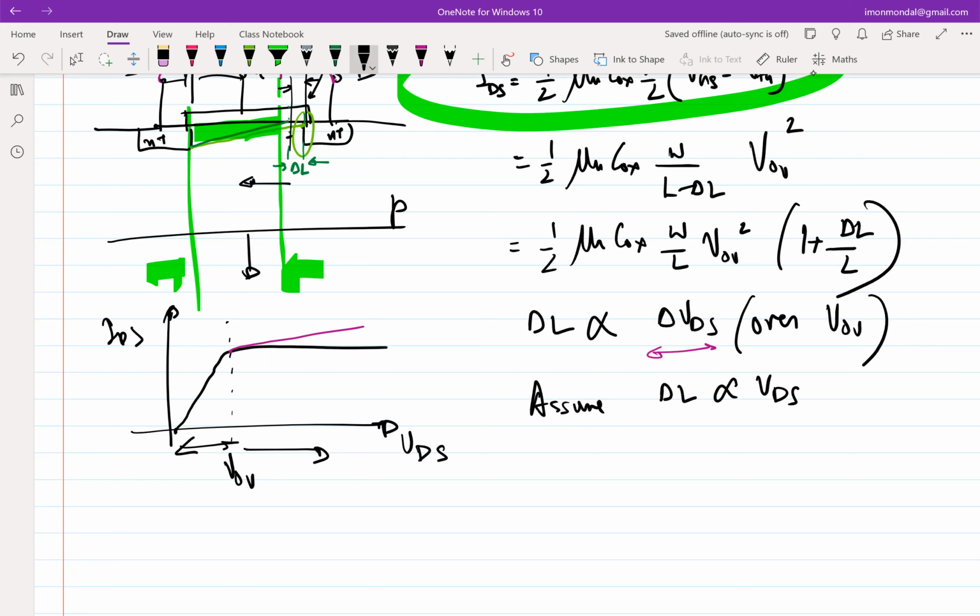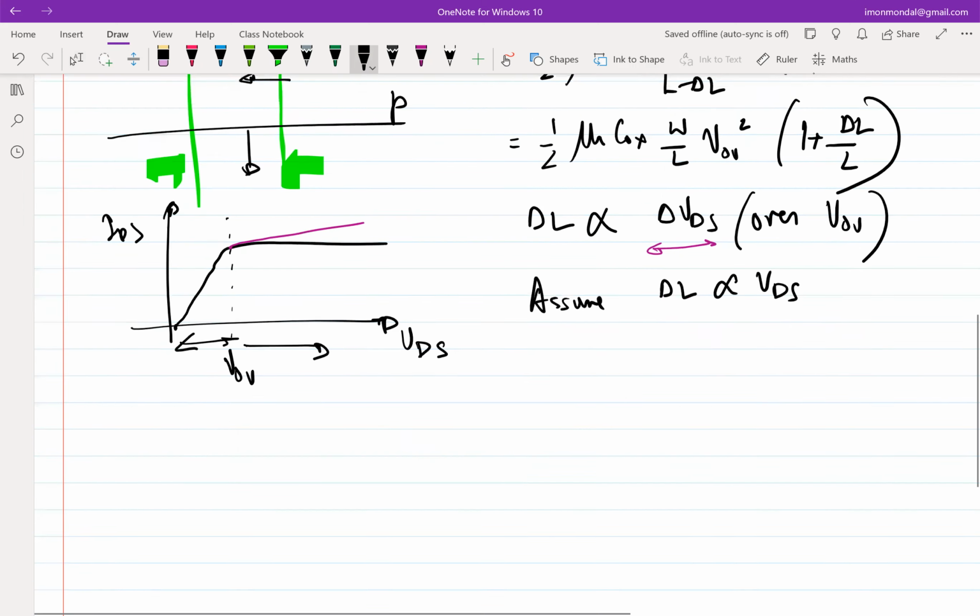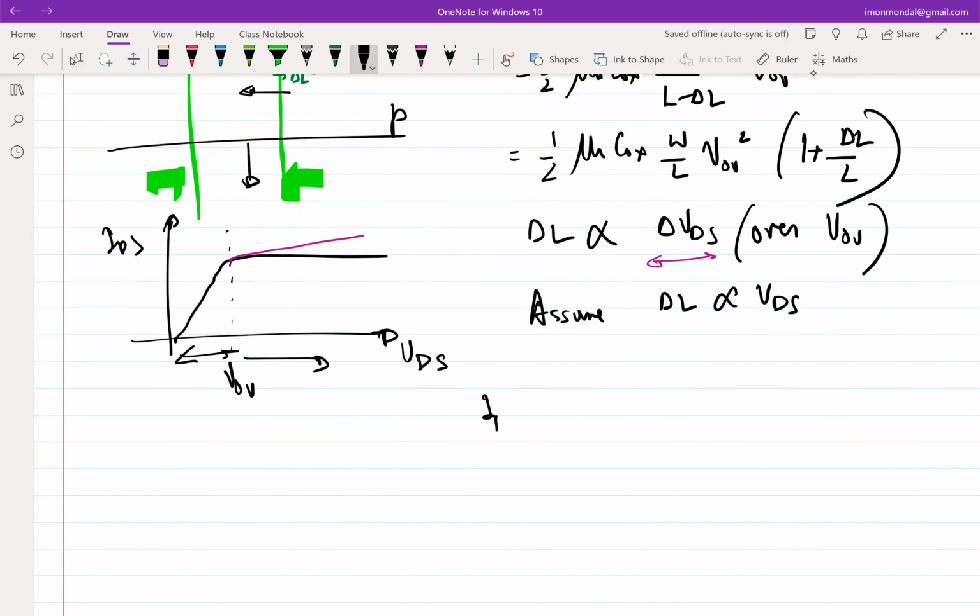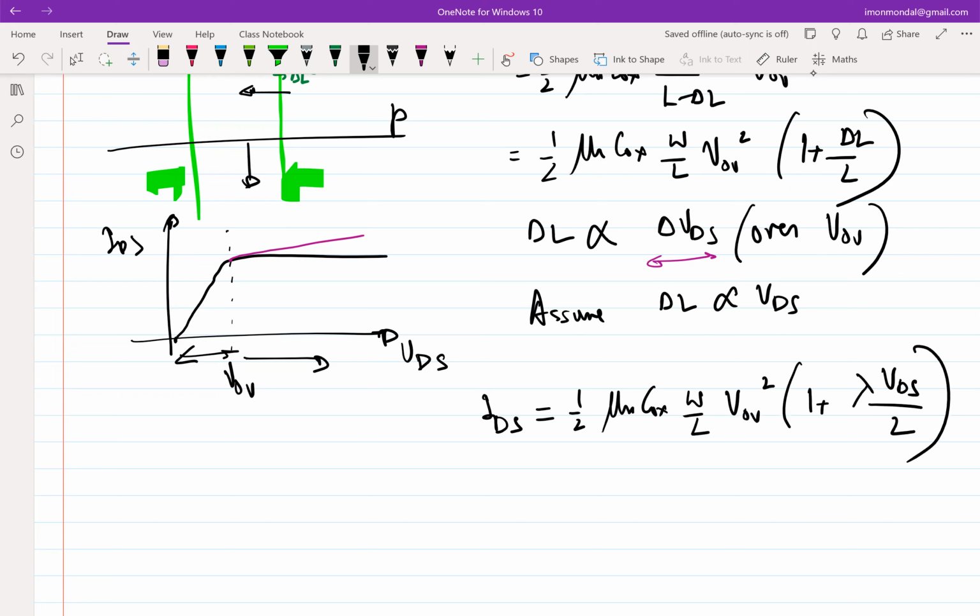This is again an assumption. This is not a 100% foolproof model. If I do this, then my IDS becomes one plus some lambda VDS by L.